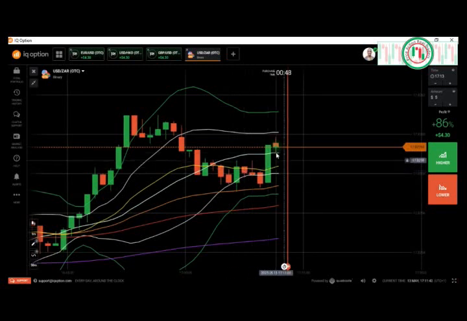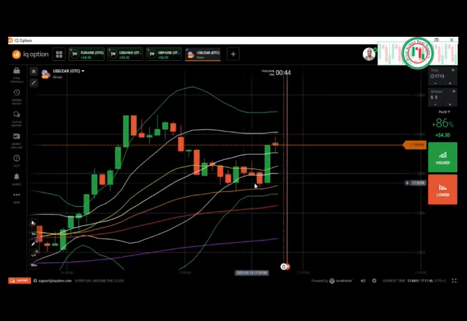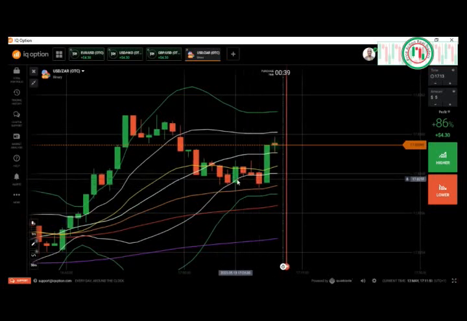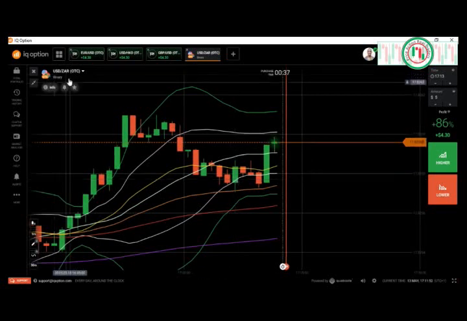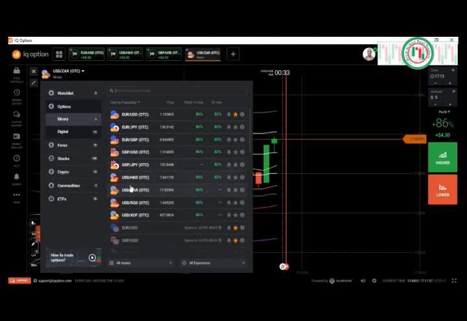You see here, I missed this one, but let me wait. Oh, this one has not broken the lower low of this one. It does not break the lower low, so it's dangerous.